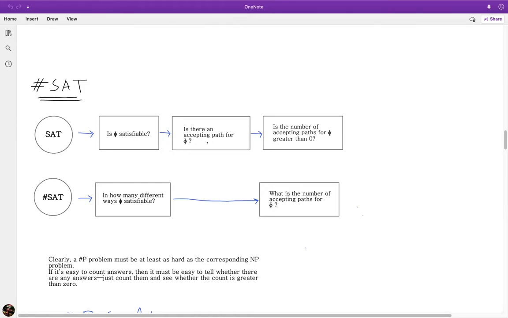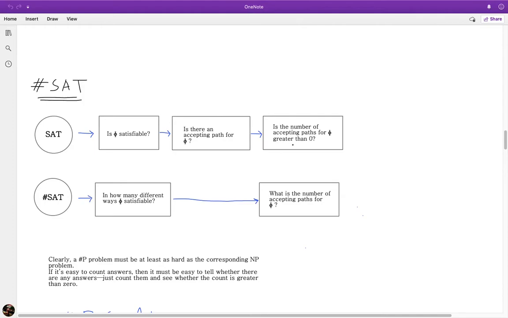We can model this again into a more general question: is the number of accepting paths for phi greater than 0? We are just stating the same question in a different way.